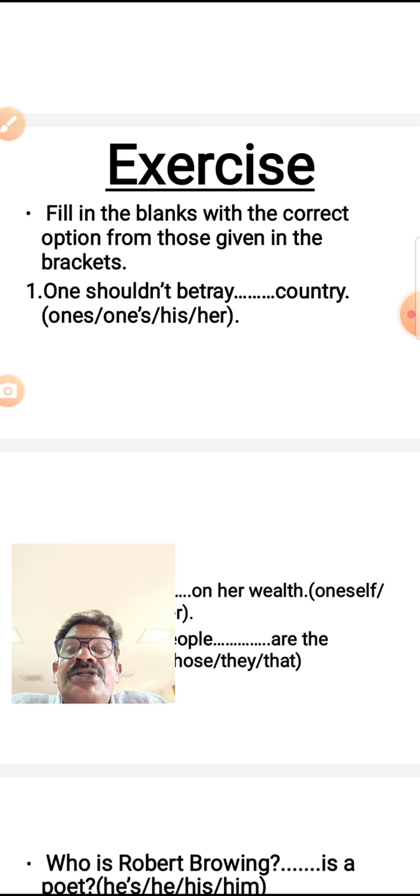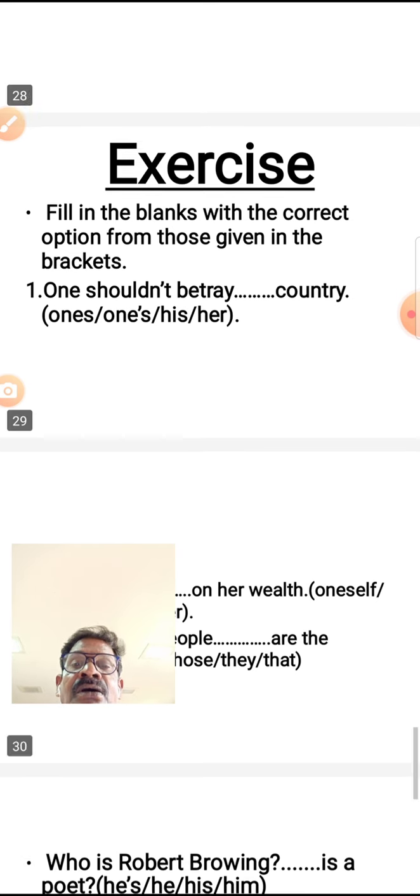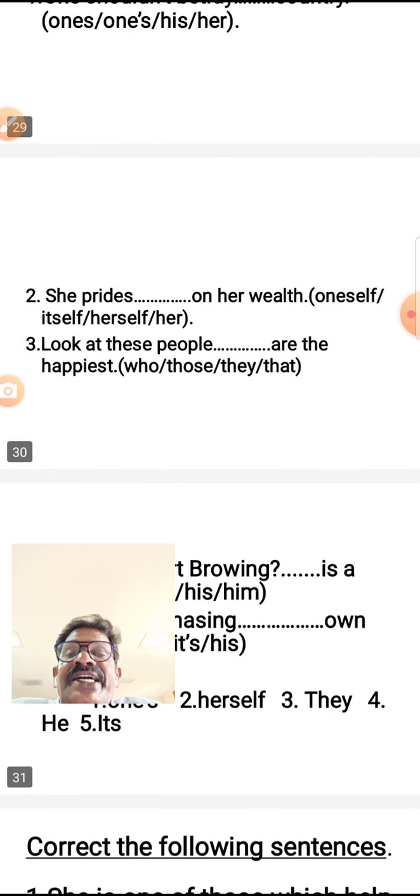One should not betray dash country: one's, once, one, his, her. Then next, second, she prides dash on her wealth: oneself, itself, herself, her. Look at these people, dash are the happiest.